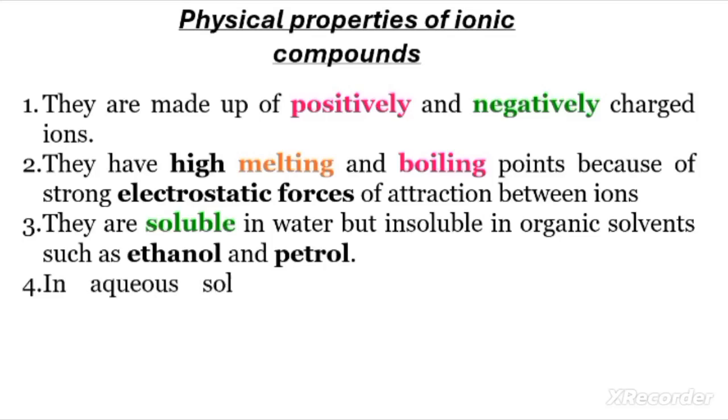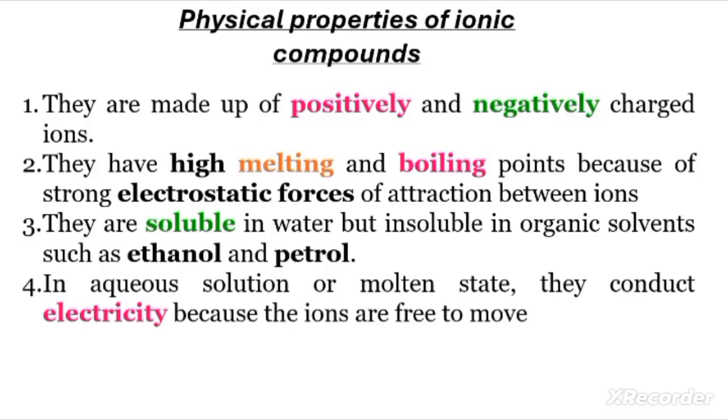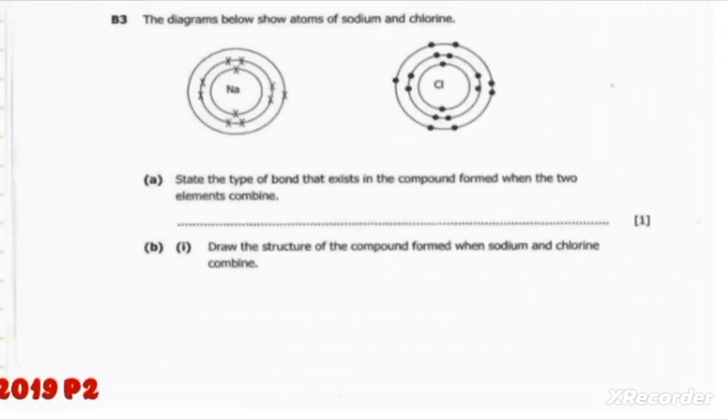We also need to remember that in aqueous solution or molten state, ionic compounds are capable of conducting electricity because their ions are free to move. The last physical property, they are non-volatile and generally solids at room temperature. So these are physical properties of ionic compounds.